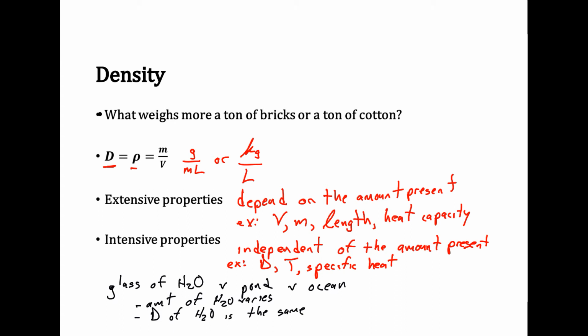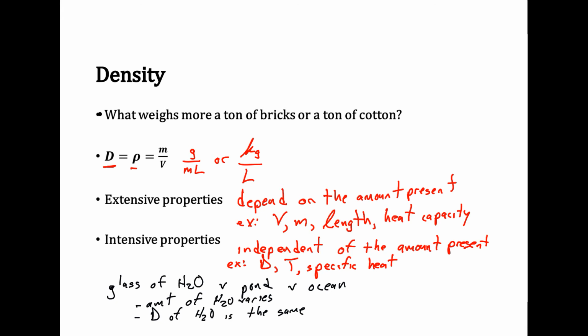If the density was extensive and it depended on how much water was present, then a person should be able to walk across an ocean. But because this is not the case, because the density is intensive, someone cannot walk across the ocean. The water from the ocean has the same density as the pond and the glass.